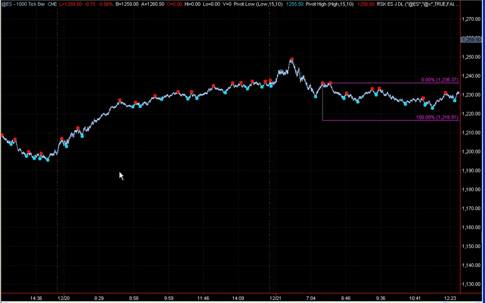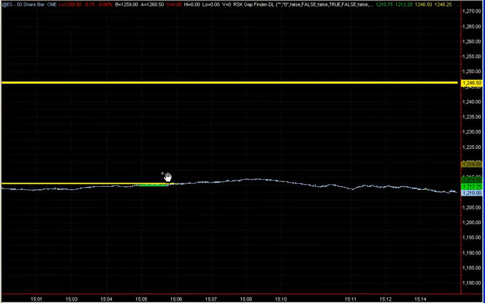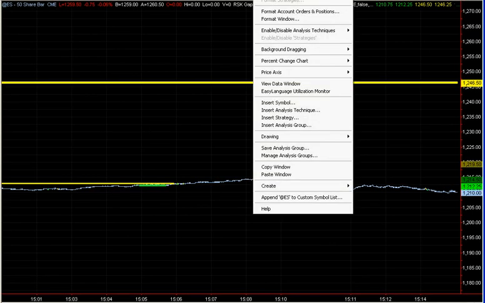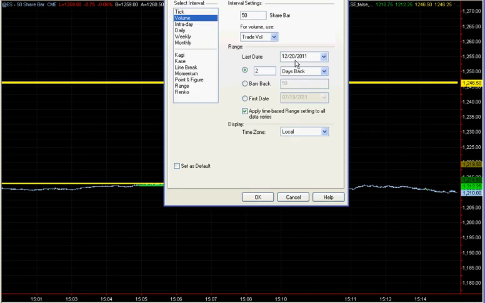So what we'll do is we'll go to our format symbol and we'll find the date of 12/20 as soon as it comes up. And we'll just go back a couple of days. Now keeping in mind this is a 50 share bar chart, so there's going to be a lot of bars on this chart.